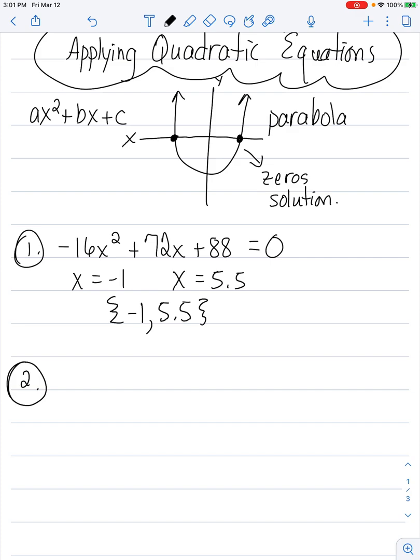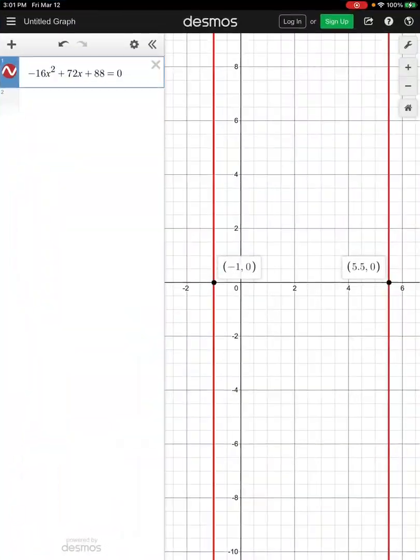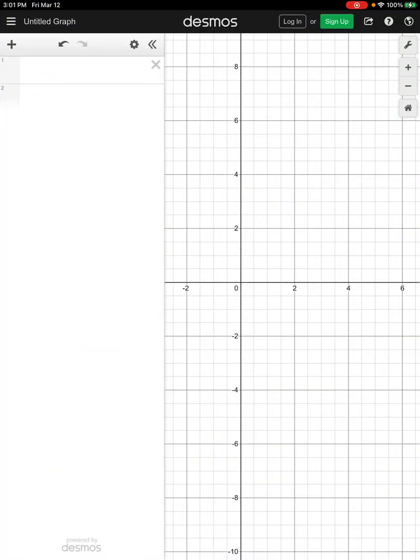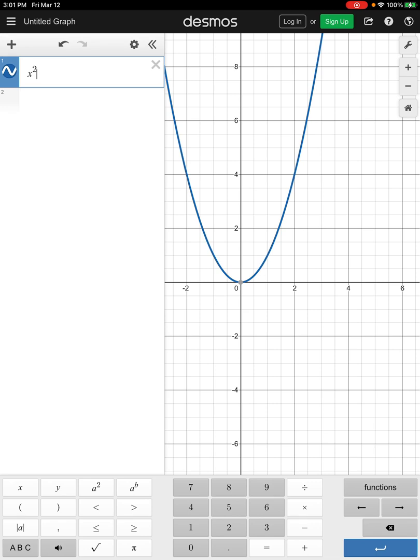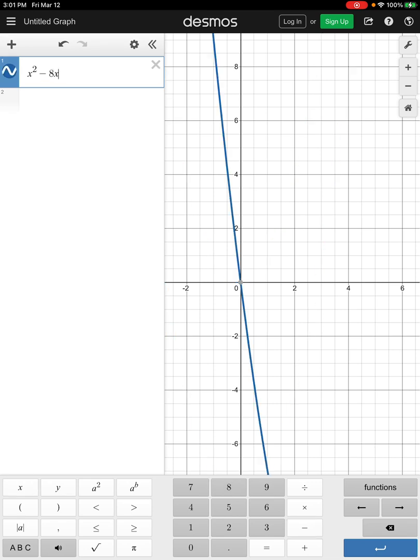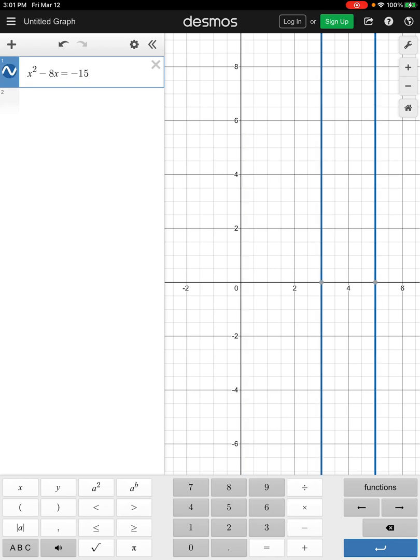Let's do a couple more. The next one I want us to solve is a squared minus 8a equals -15. Let's type that in our calculator. Remember, any letter that they use, you can replace with the letter x. They used a, I'm going to use x. So x squared minus 8x equals -15.